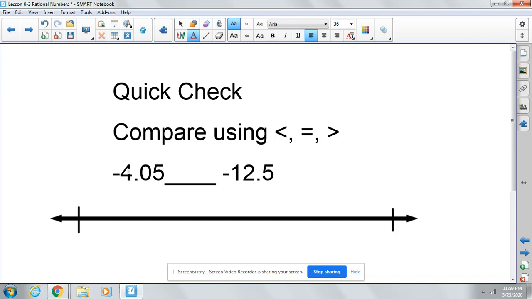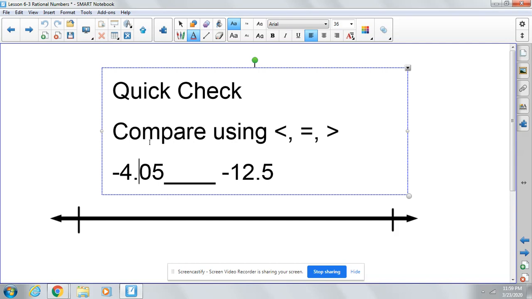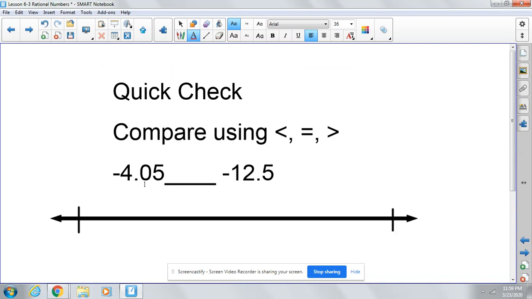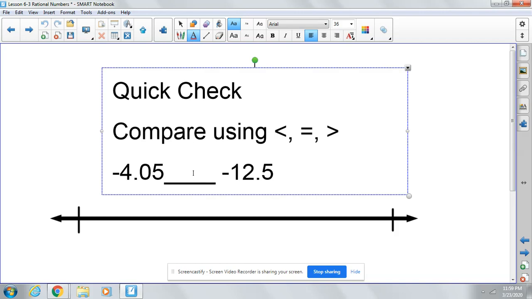But if you think of just the whole number, negative 4 and negative 12 by itself, thinking about where that would be on a number line, negative 4 is obviously going to be farther on the right of the number line than negative 12. So negative 4.05 is greater than negative 12.5 because it's further on the right.